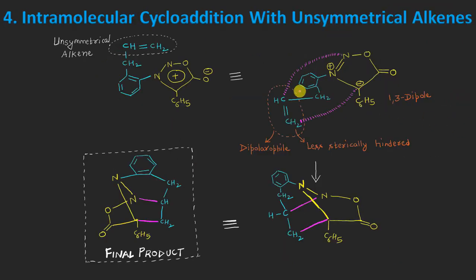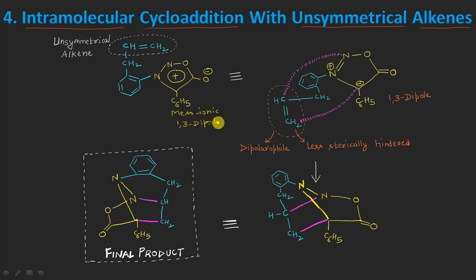And now is the case of an intramolecular type of cycloaddition, which means within the same molecule and in which some unsymmetrical type of alkene is present, right? So you can see here in this structure, this is our mesoionic molecule, which is the sydnone molecule actually, and it is acting as the 1,3 dipole here, right?